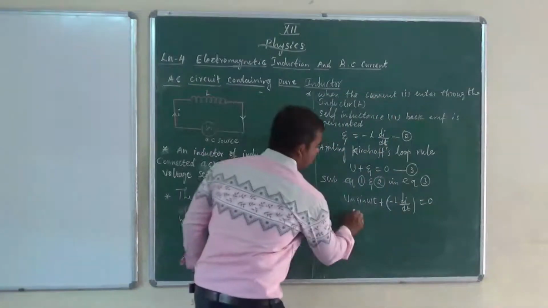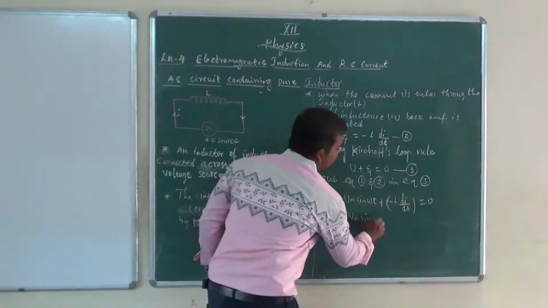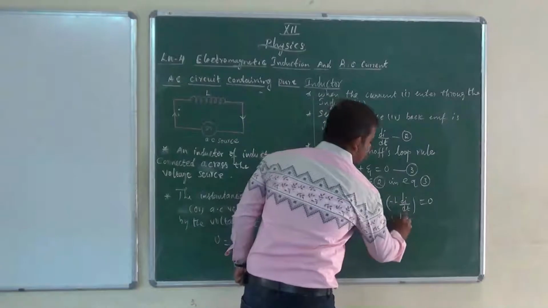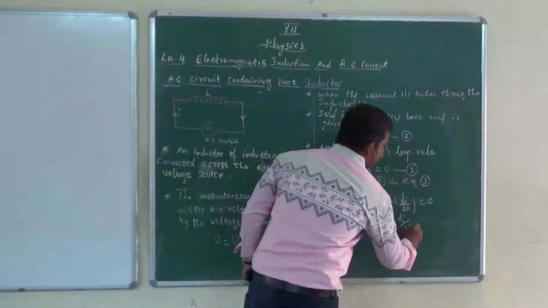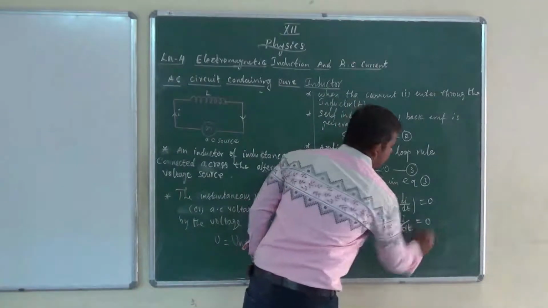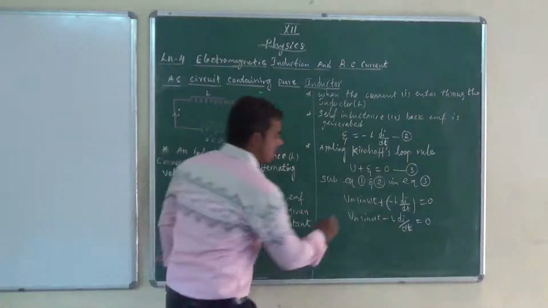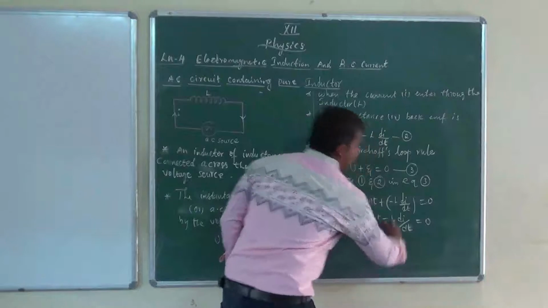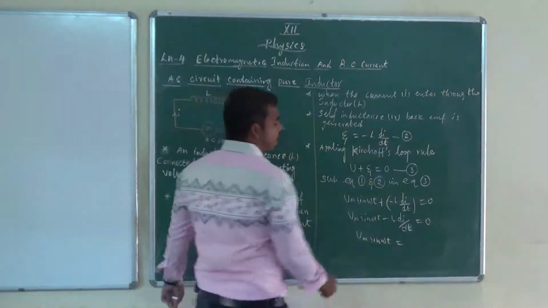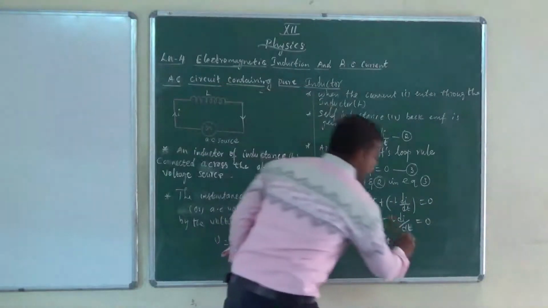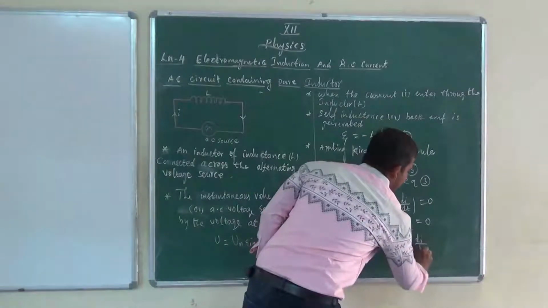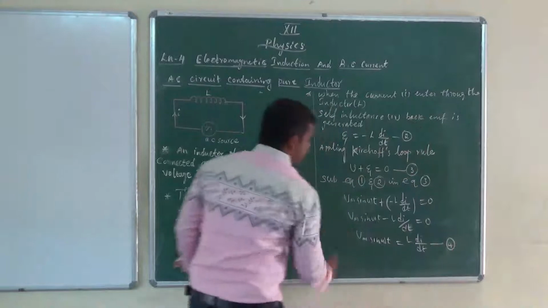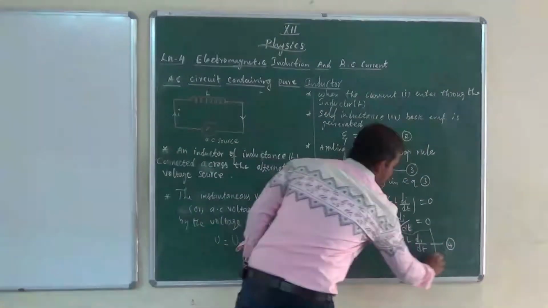So Vm sin omega t plus, into minus, we get minus L di by dt. Am I correct? Next, we move the minus L di by dt to the right side, and we get plus L di by dt. Consider this equation number 4. Any doubt?